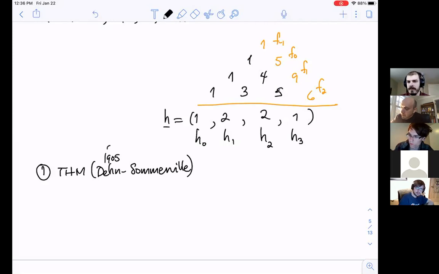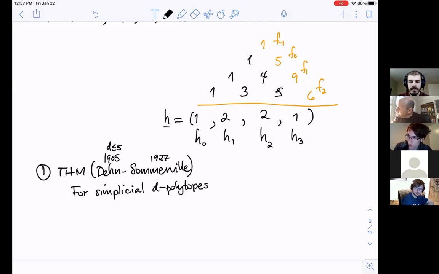So for the dimension less than or equal to 5 case, he knew about certain equations among the f vector entries, and in 1927, Sommerville proved this in general. For simplicial polytopes, you have h_i equal to h_{d minus i}. For simplicial d-polytopes, where d-polytope means a d-dimensional polytope, h_i of P is equal to h_{d minus i} of P.